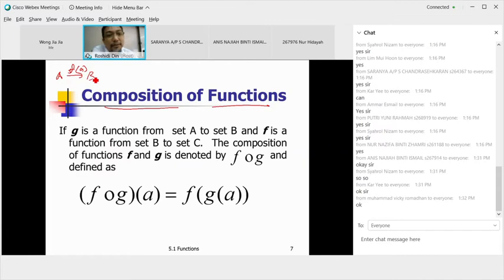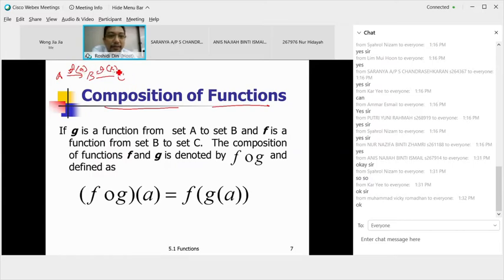We have A to B, B to C. So another second mapping we call G of A. Why do we put G of A? Because this A actually came from this value from set A. So we can have more than two mappings, from A to B, B to C. This we call composition of function.